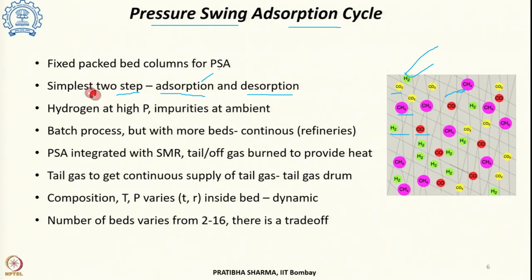In the adsorption process, the pressure will be high. And in the desorption process, the pressure will be lower. Just remember these things: adsorption will occur at the higher pressure and desorption will occur at the lower pressure.